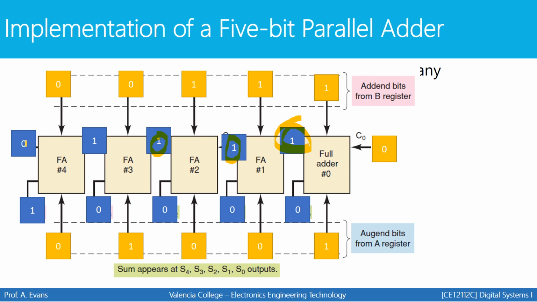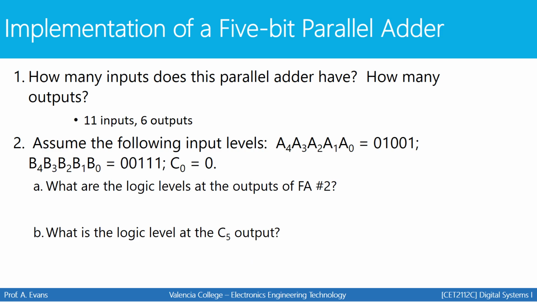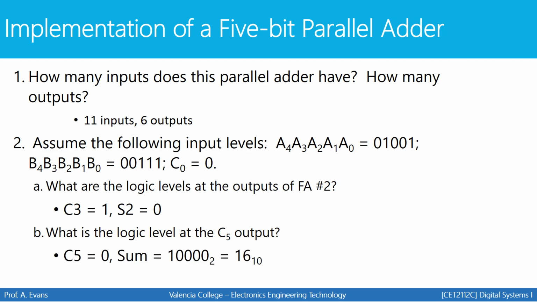You can take the circuit from the previous page, build that on a breadboard, then duplicate it and connect them together, and you will have a circuit that can perform addition for you. So there were the answers showing the logic levels for the full adder number 2, as well as the logic level at the C5 output, as we just discussed.